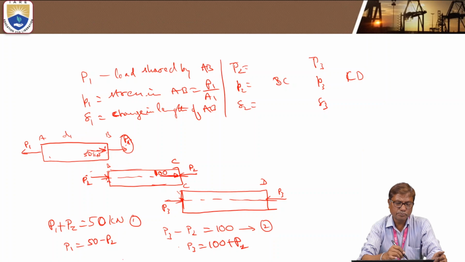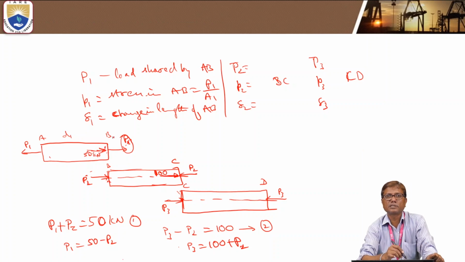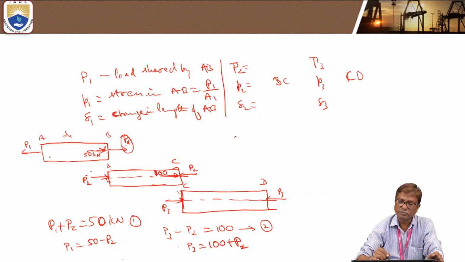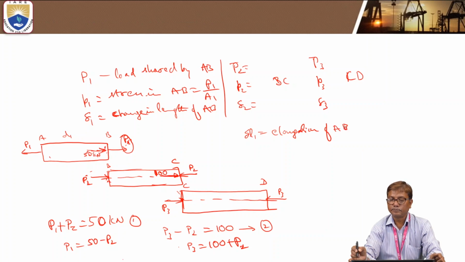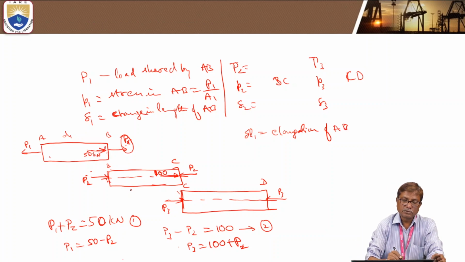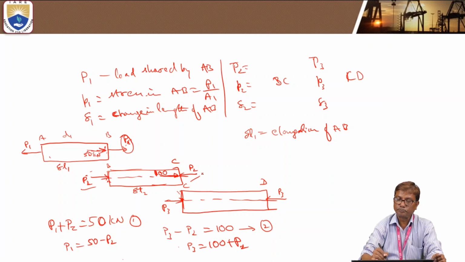If you observe this, member AB is subjected to tension. That means it gets elongated. Let delta L1 be the elongation of portion AB. And coming to BC, it is subjected to compressive force of P2.